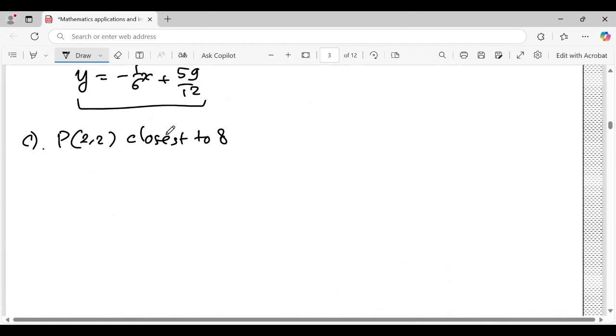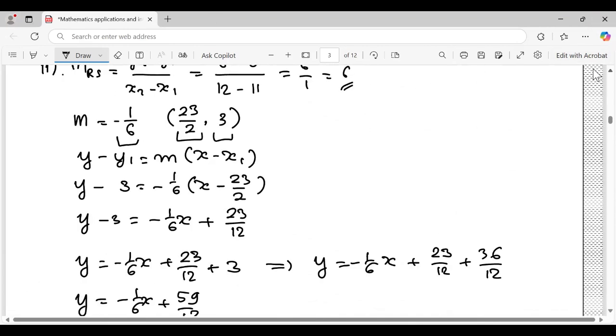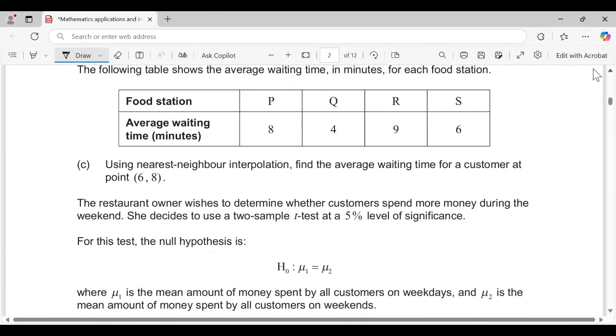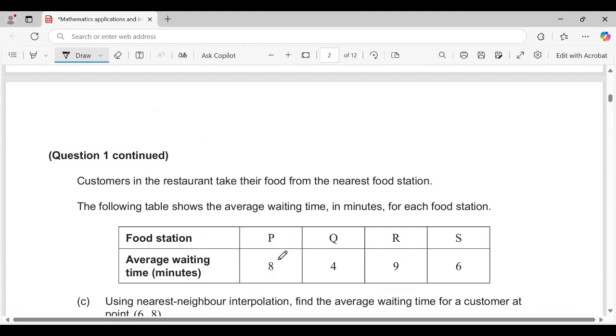If you look at the table, P is closest to 8, Q closest to 4, R closest to 9, S closest to 6.